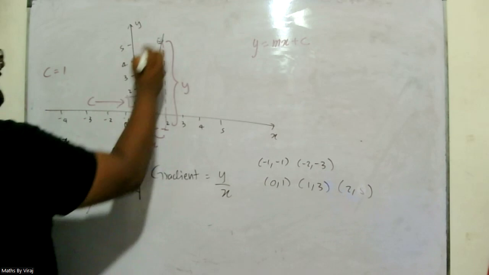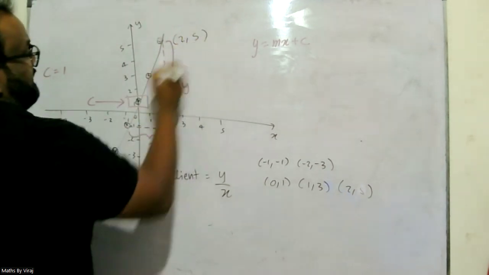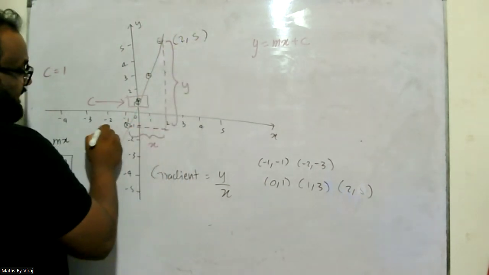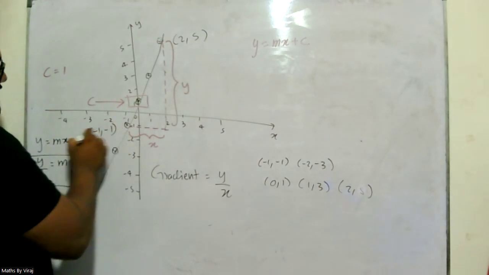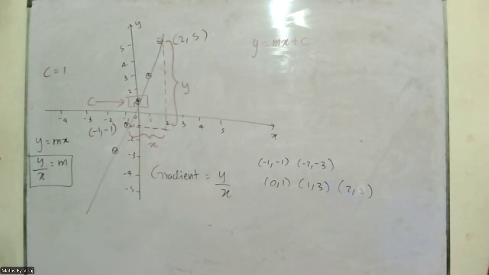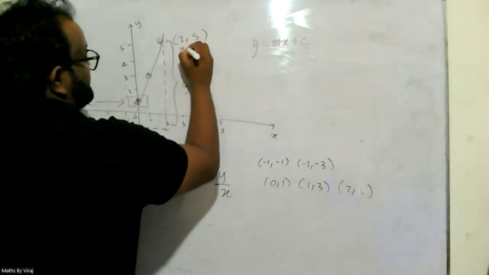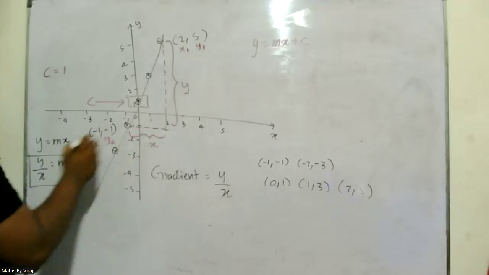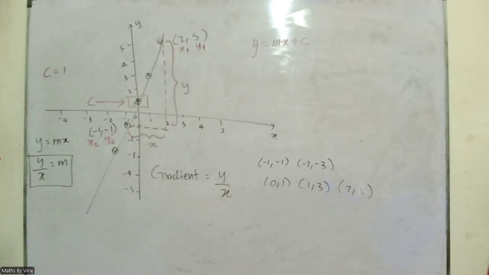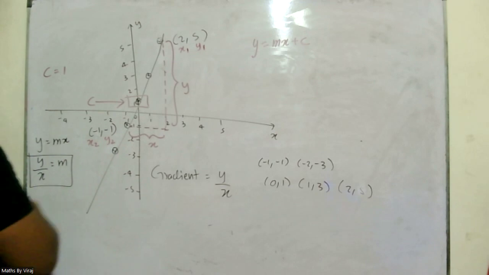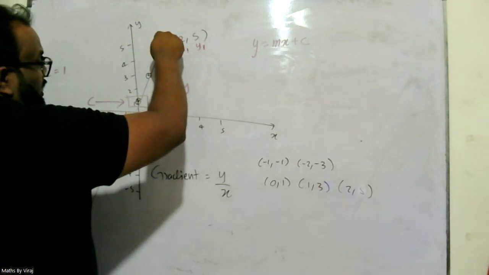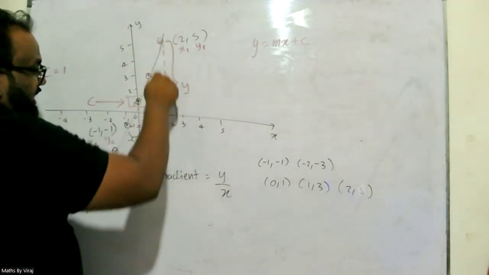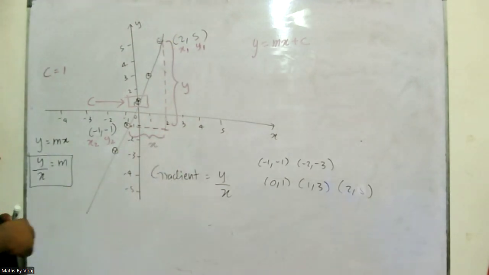The coordinate here is 2, comma 5. The coordinate here is -1, comma -1. For my ease of understanding, let me write this as x1, y1, x2, y2. Now what is happening? I should find the total height from this particular coordinate to the point over here.